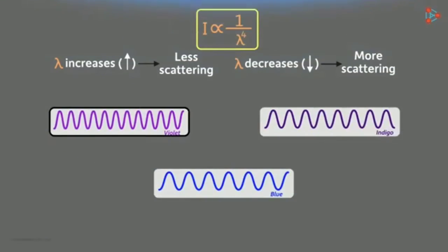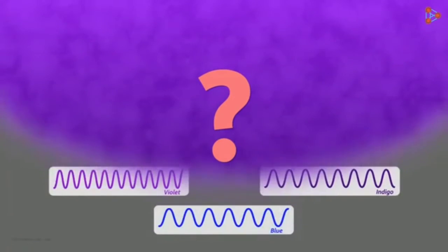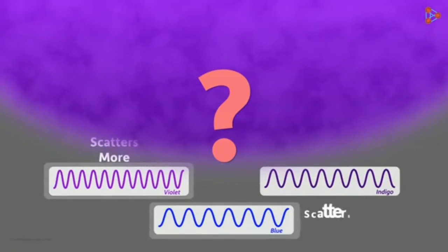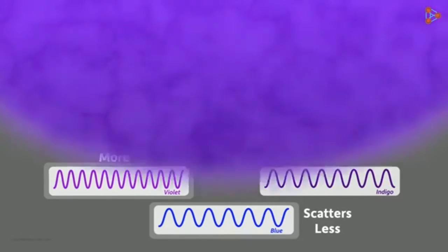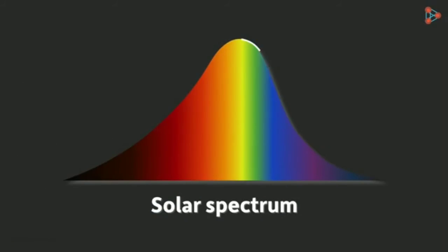But wait, the violet light has the smallest wavelength. Then why doesn't the sky appear violet or even indigo for that matter? It is true that the sky scatters the violet light more than the blue light. However, we don't see a violet sky, do we? What's the reason? The following graph tells us how much of a particular wavelength is emitted by the sun. Observe the graph well.